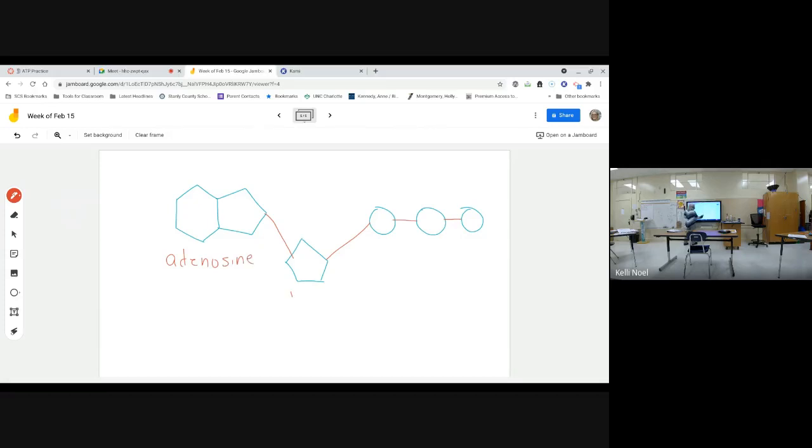Each circle is a phosphate group. And then it says to put a star where the most energy is. So the first, second, and third, it's between the last 2 phosphate groups where most of the energy is. So if you are following along and we're going through this together, you need to have it filled in so that you can get your points for this.